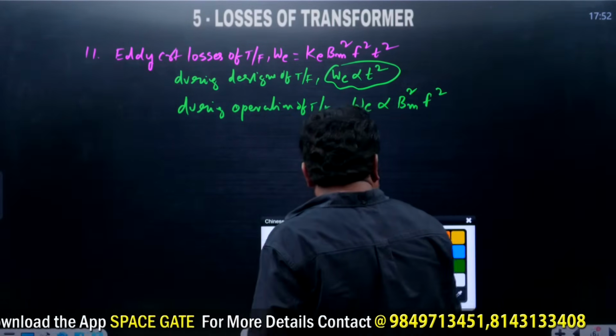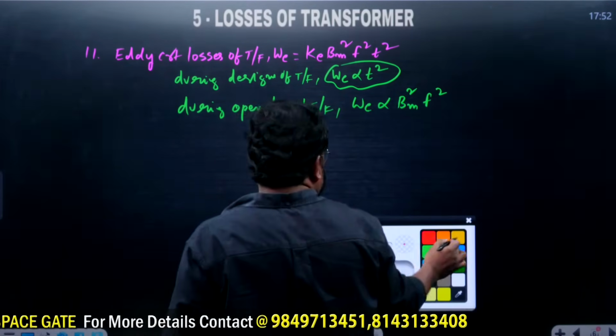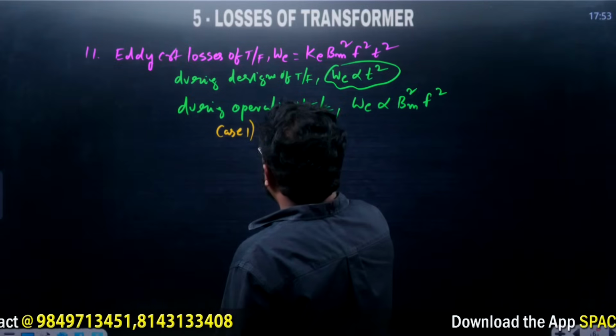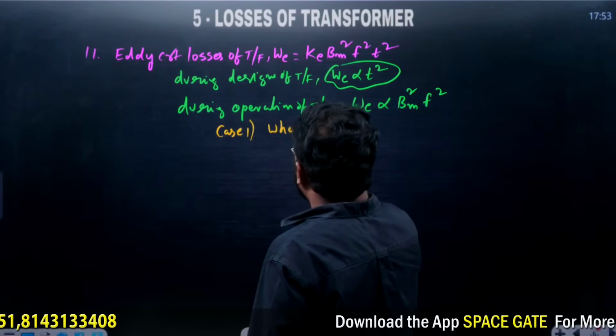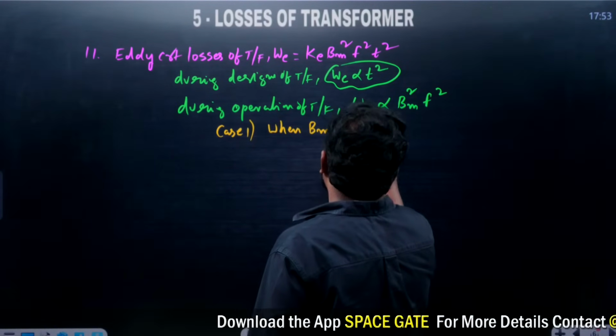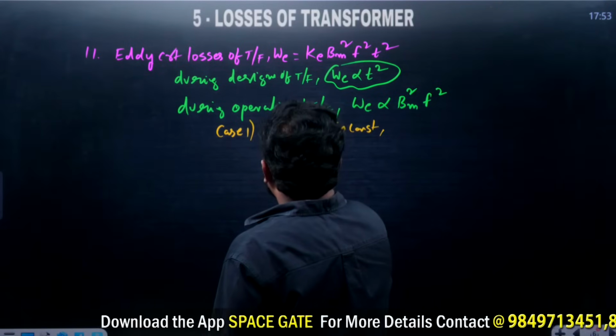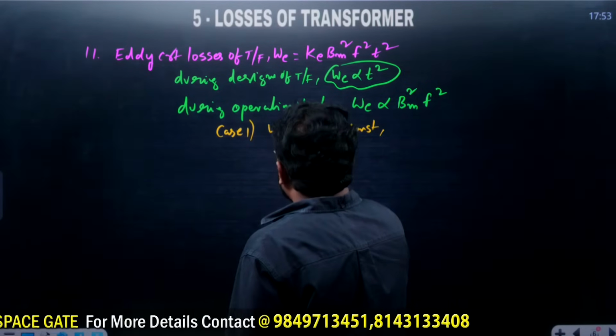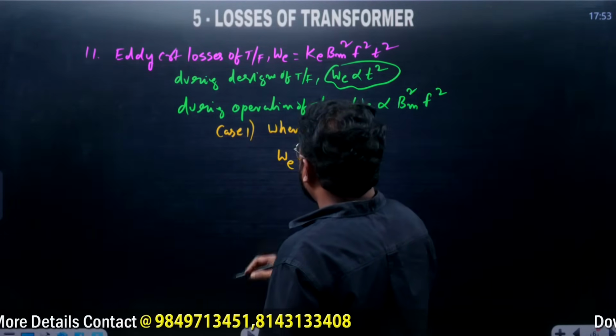So here now we have two questions. Case 1: when B maximum is constant, then what will happen? The eddy current loss is directly proportional to the square of the frequency.